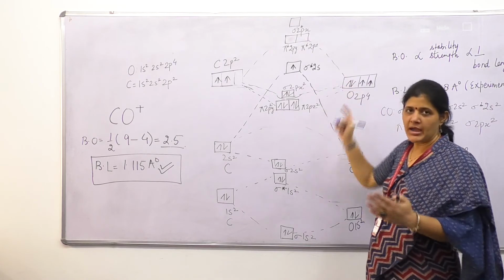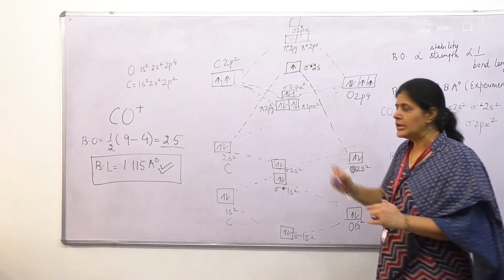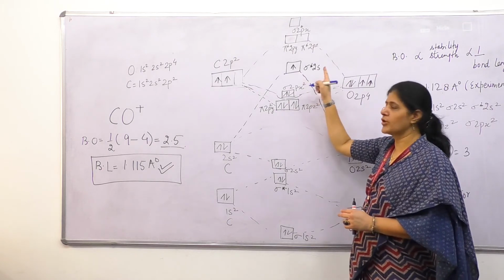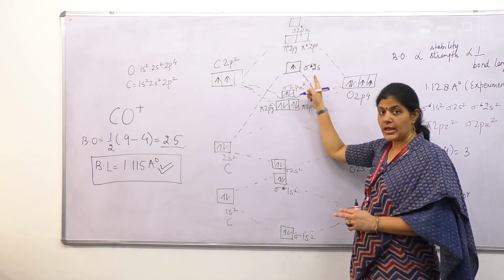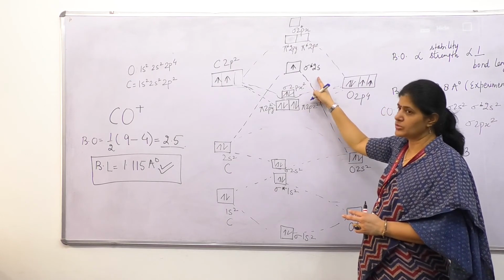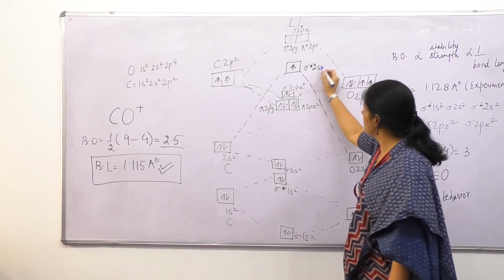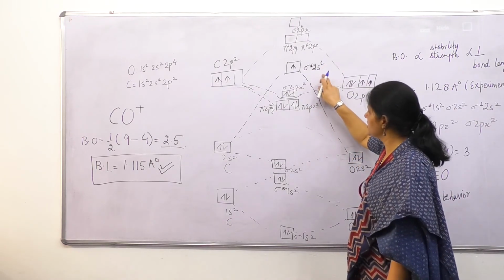HOMO means highest occupied molecular orbital. Now the electron will be removed from HOMO and we have anti-bonding electrons now reduced. We have anti-bonding electrons 3 now. So it will become sigma anti-bonding 2s1.